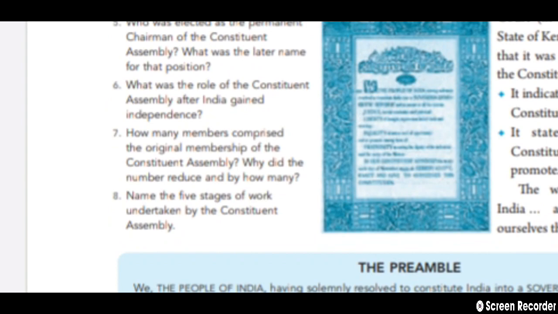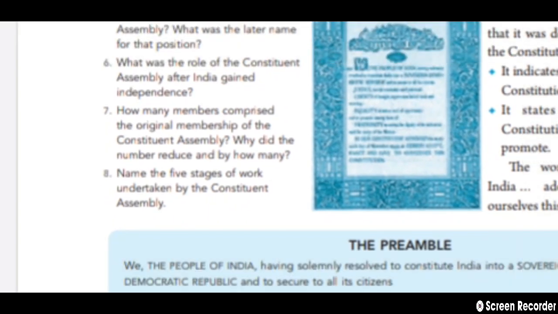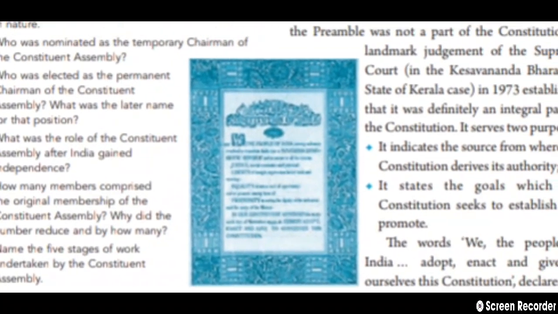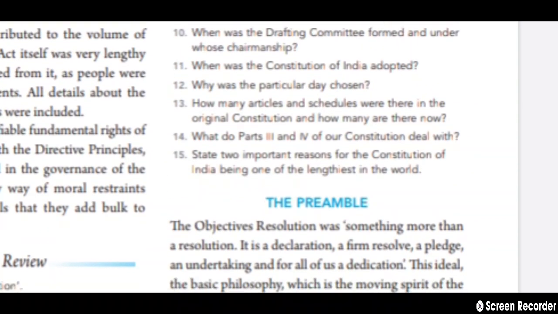What was the role of the Constituent Assembly after India gained independence? How many members comprised the original membership of the Constituent Assembly, and why and by how many was the number reduced? And name the 5 stages of work undertaken by the Constituent Assembly. These are some of the questions they have asked here.